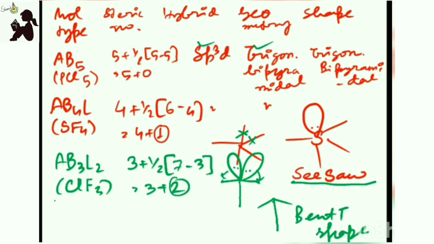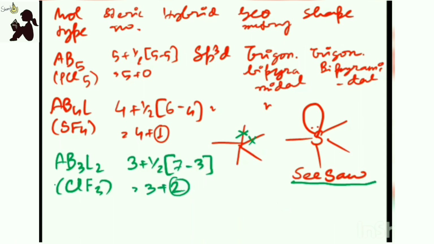Okay. So next, let us see the next type of molecule, that is AB2L3. That is XeF2 and I3 minus. So here remember the examples also, because they directly ask you from examples. So let us see the value.